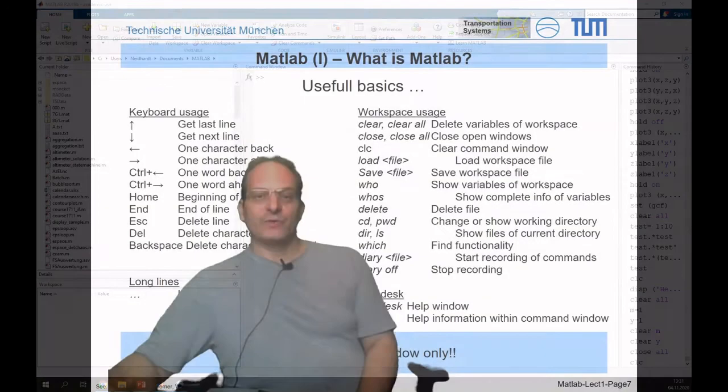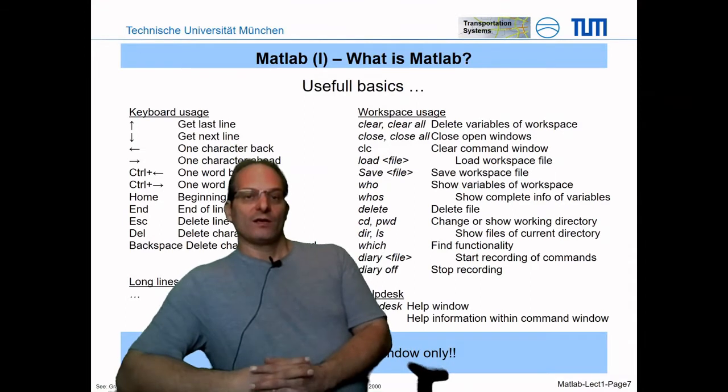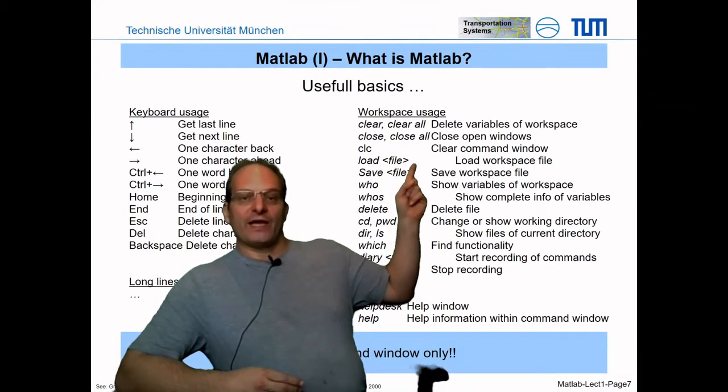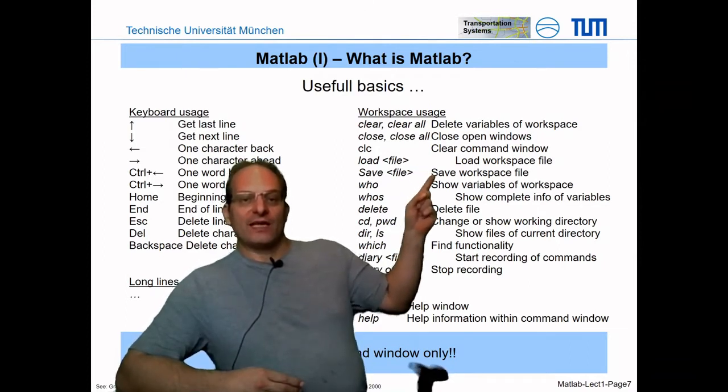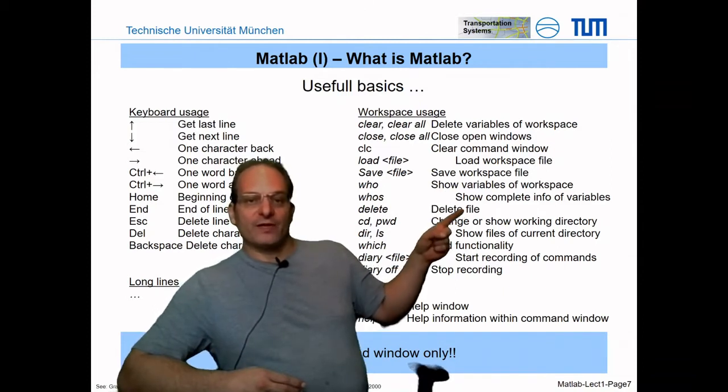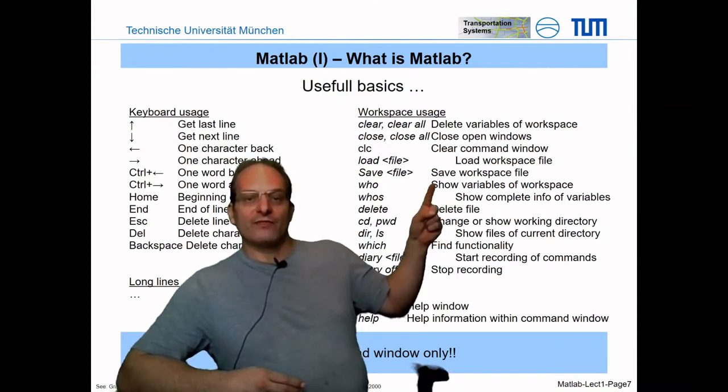So what else do we need? We have seen these 3 things. Later on we will use load and save, if you want to load or save data to files. You can also show things which are in the workspace: if you enter who or whos, you will see what is in the workspace.